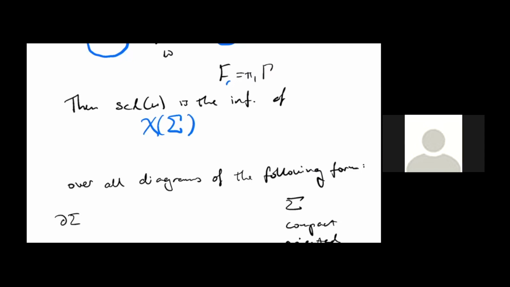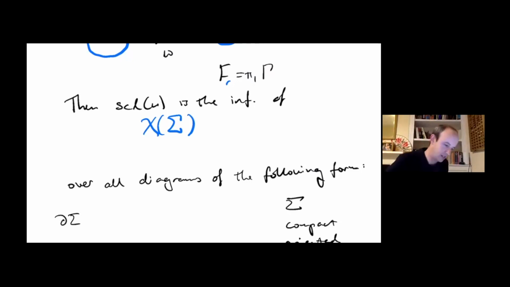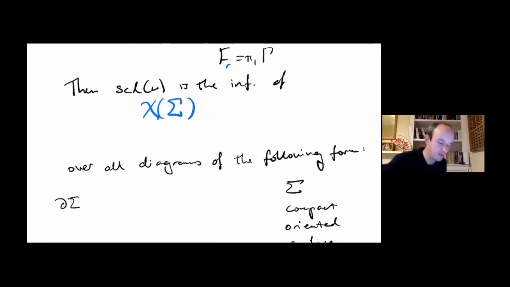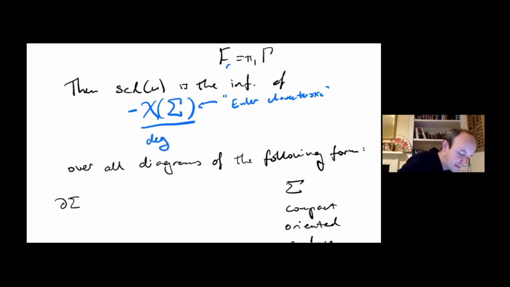For professors it is okay. For students, I'm not sure. Depends on the student. Okay. I'll give you the definition of the Euler characteristic in a second. But for now, I'll just write Euler characteristic. And then I'm going to take minus the Euler characteristic, it turns out, because most of the time otherwise we'd get negative numbers, which we don't want. And then I'm going to divide by something that I'm going to call the degree of the boundary of the surface.